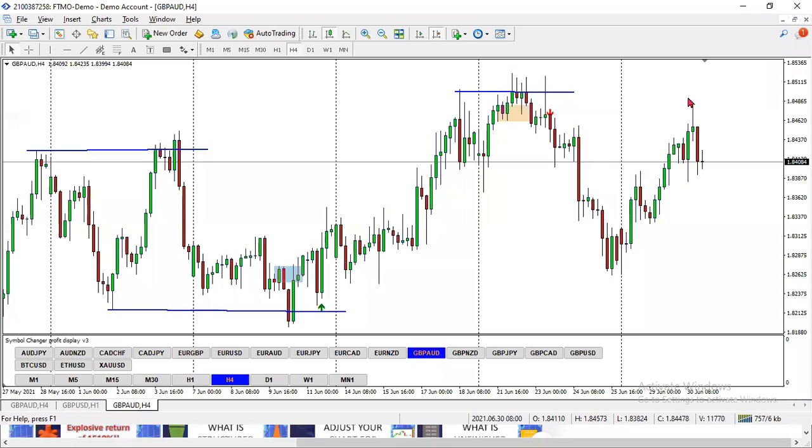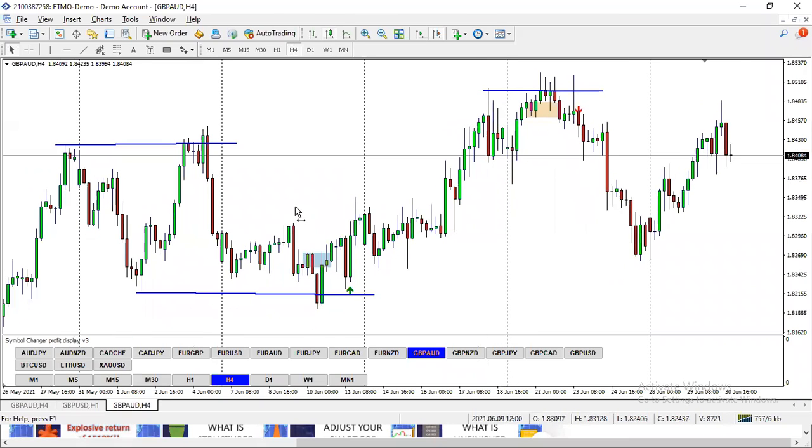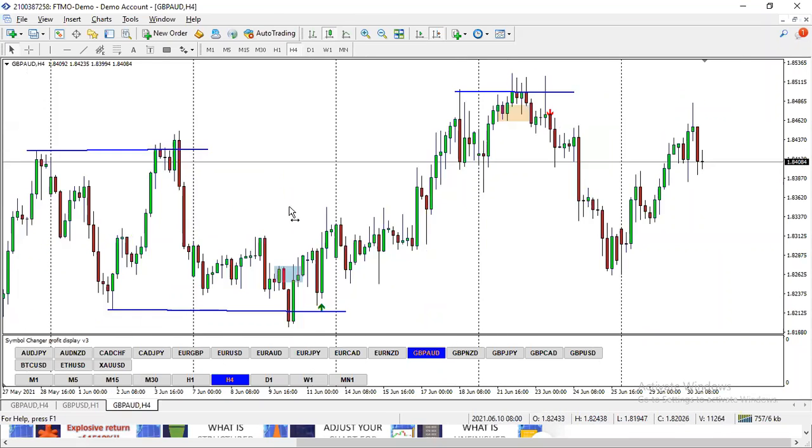And presently, they are moving up, right? So in a month, you could practically get this setup like twice or three times, depending on how often it comes. And you are almost around the massive move.